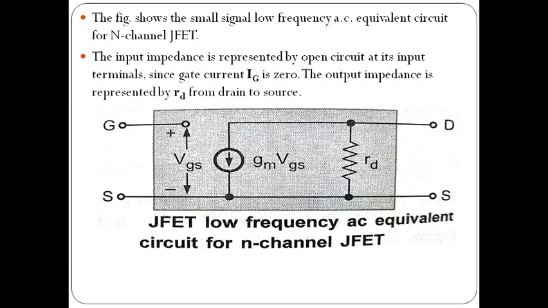The current passing in the drain is ID, which equals gm into VGS. So whatever voltage we apply between the gate and source is VGS. Here you can observe.